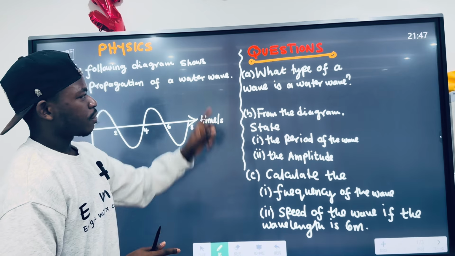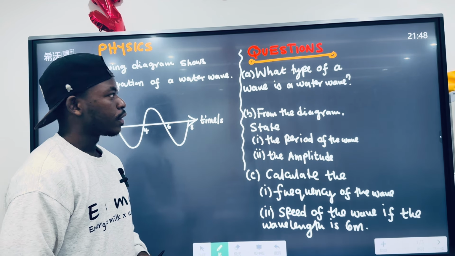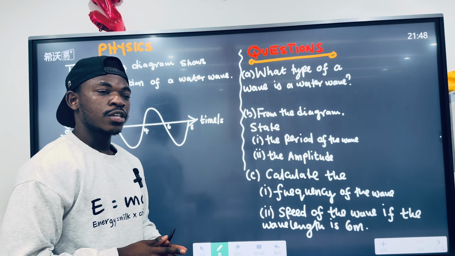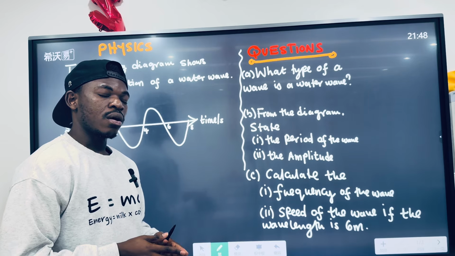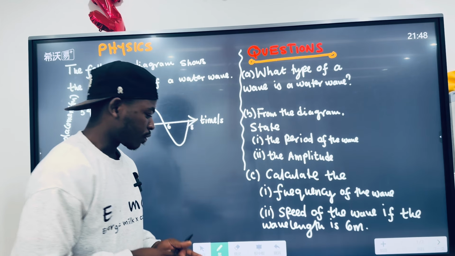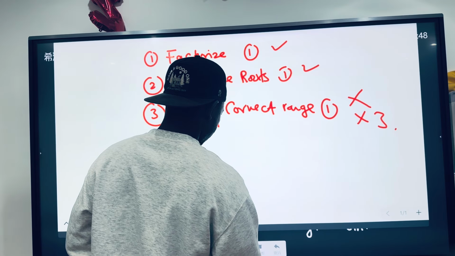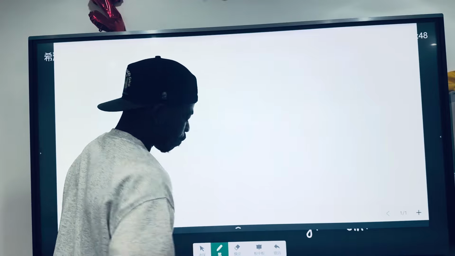Okay. So the first question says, what type of a wave is a water wave? So I want to introduce you first of all to two types of waves. Based on how the particles vibrate, we have two types of waves.